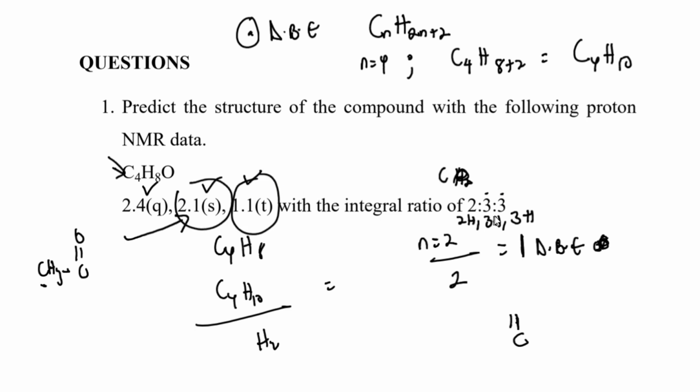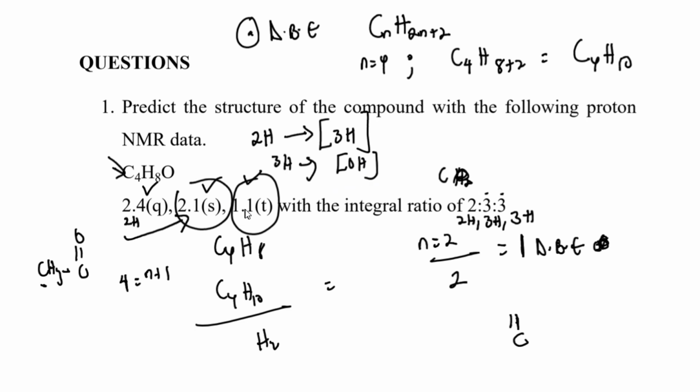So it's saying that this one has 2 hydrogens, and since it's a quartet, 4 equals n plus 1, so it has 3 neighbors, right? So 2 hydrogens having 3 neighbors. So let's look at this also. This one is 3 hydrogens, a singlet, having 0 neighbors, right?